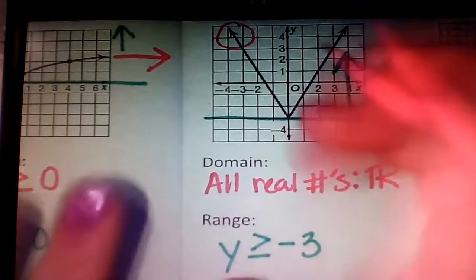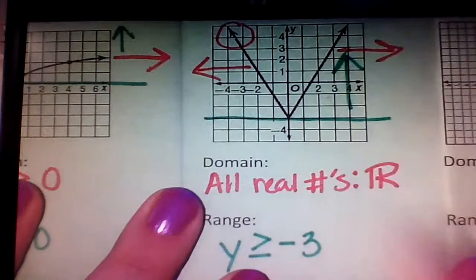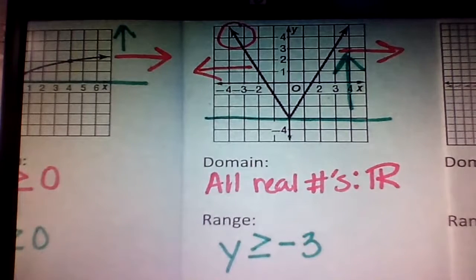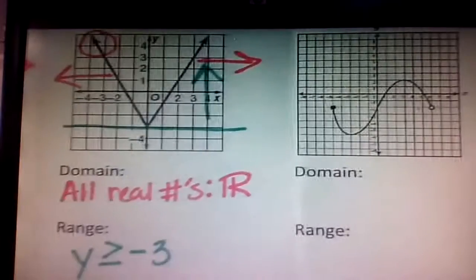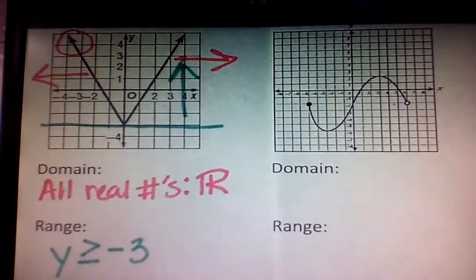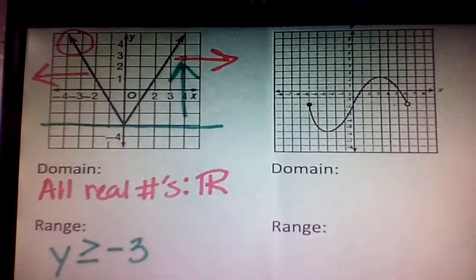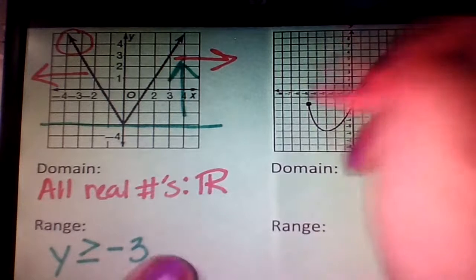Actually, let me put the arrows here for the domain. Okay. Over here. What's my lowest X value? -5.